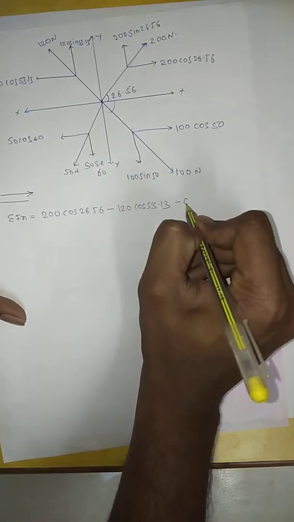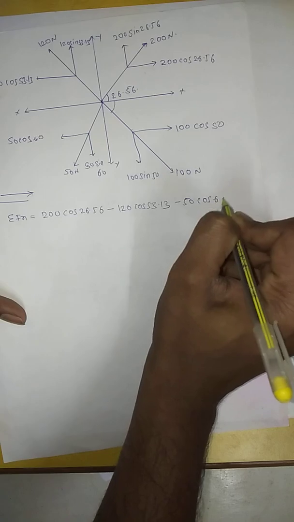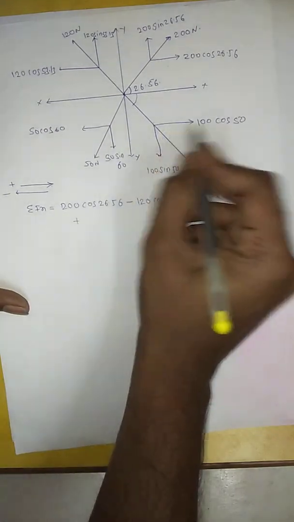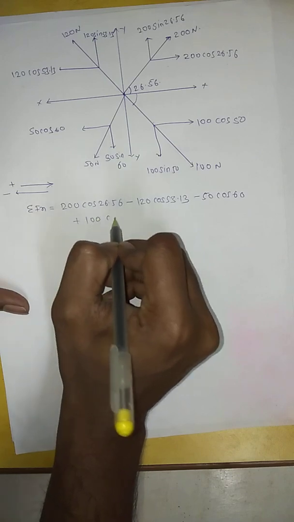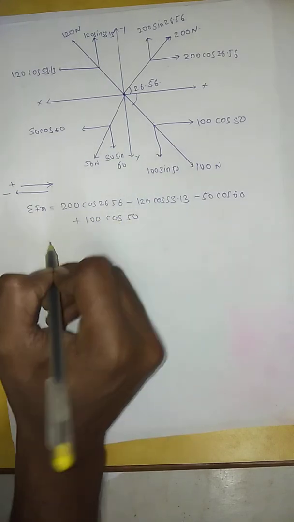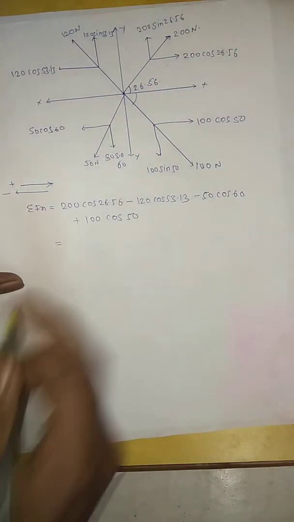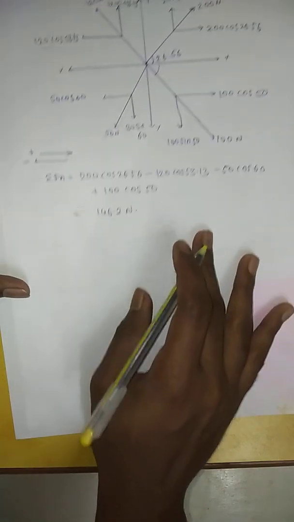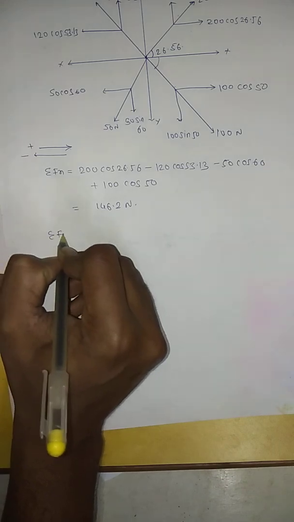Third force is this, which is again negative, 50 cos 60. Last force is this, plus, because it is in this direction, 100 cos 50. So if you solve this, the answer will come 146.2 Newton.